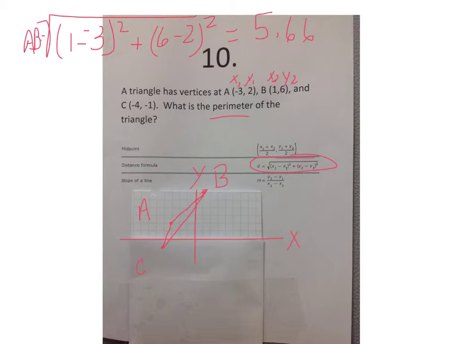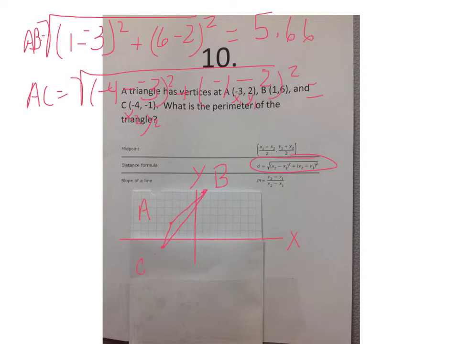Now we're going to erase these, and we're going to find from A to C. So we get A to C equals x1, y1, x2, y2. So x2 is negative 4 minus x1 is negative 3 squared plus y2 is negative 1 minus y1 is 2 squared.